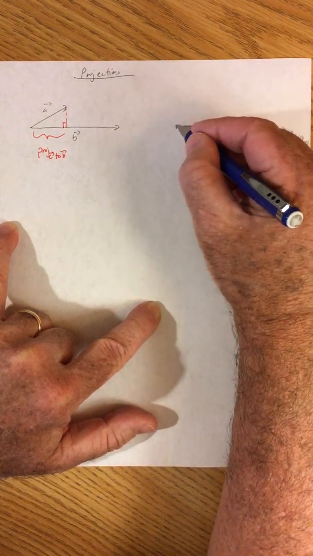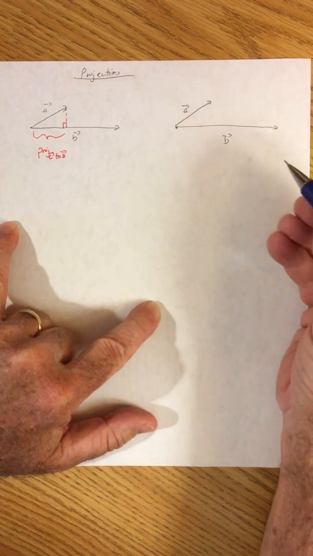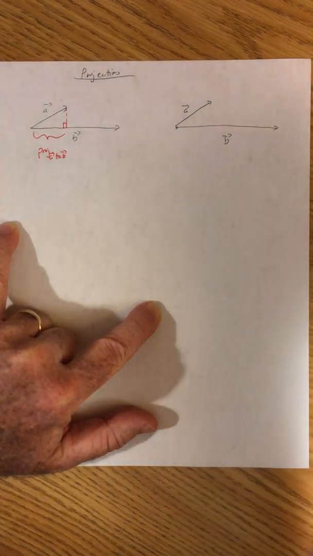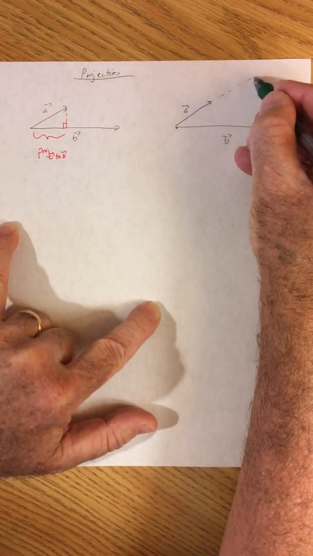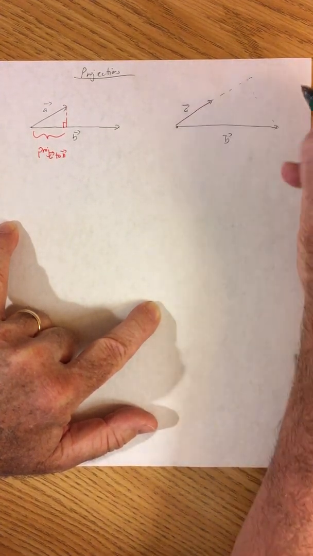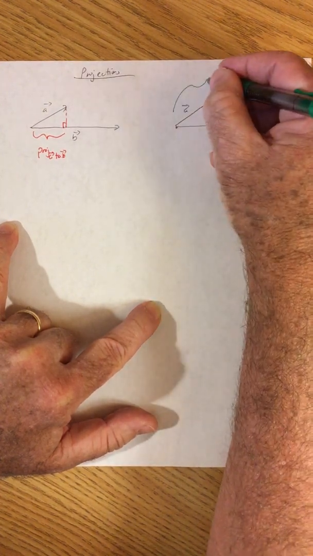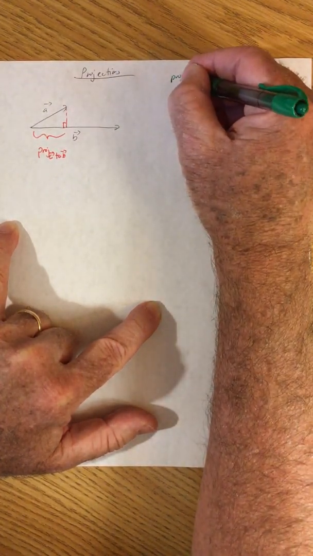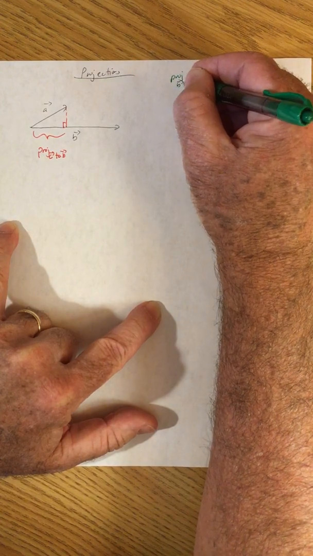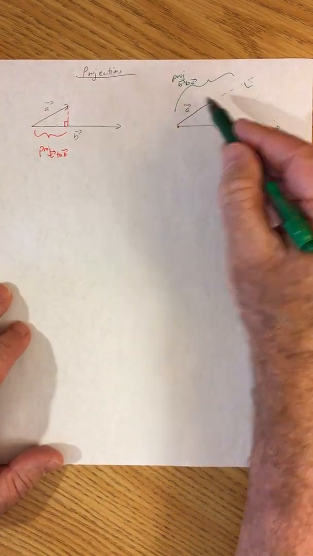If I redraw this diagram and project B onto A, in green, I'm going to have to extend that so I can then draw this perpendicular. That is the projection of B to A. Now, this is obviously a bigger value than that one.